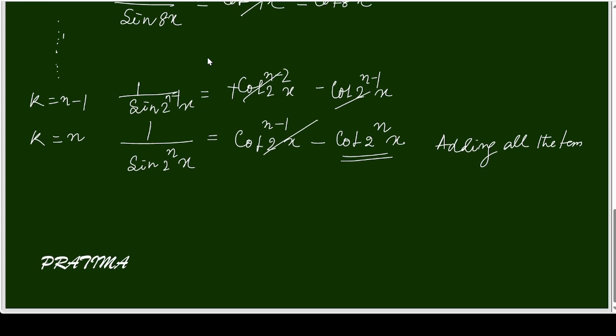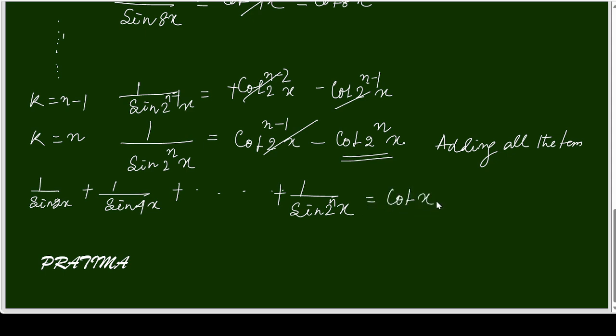So let us write the series: 1 over sine 2x plus 1 over sine 4x plus so on, up to 1 over sine 2 power nx, equals cot x minus cot 2 power nx. Hence it is proved.